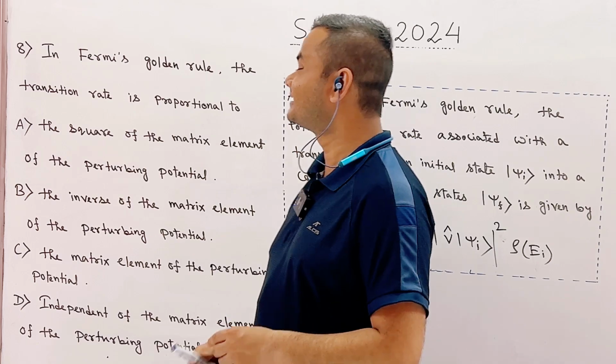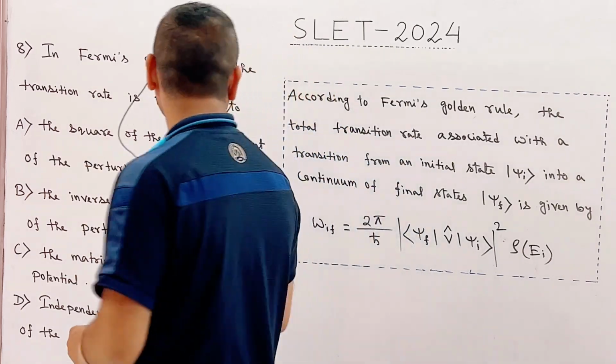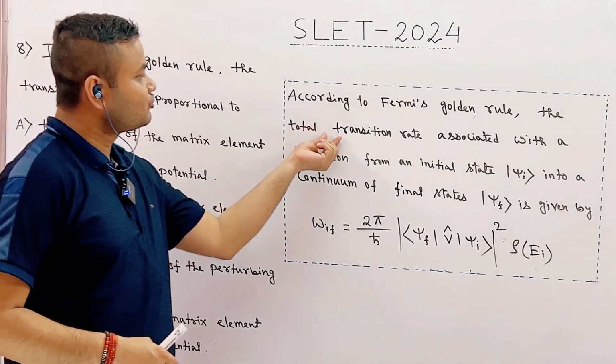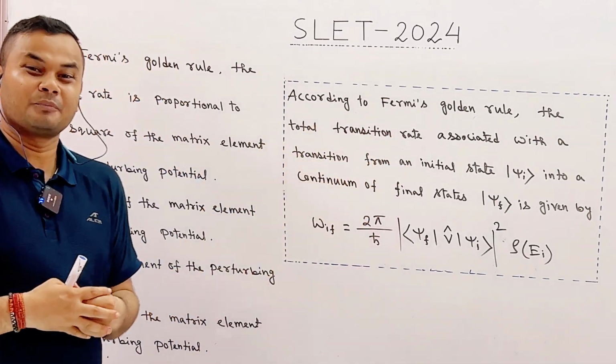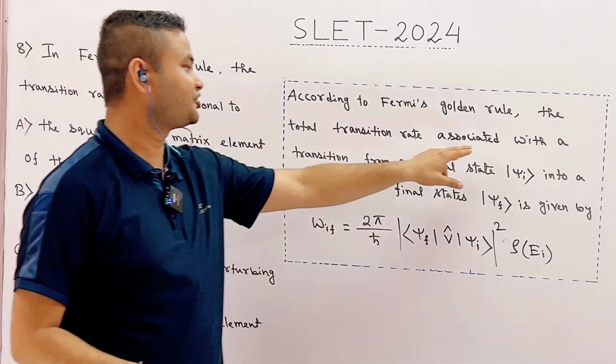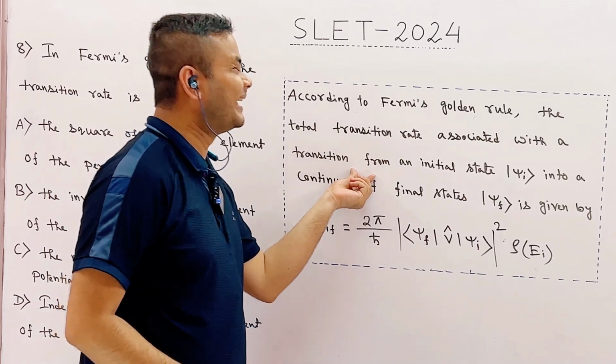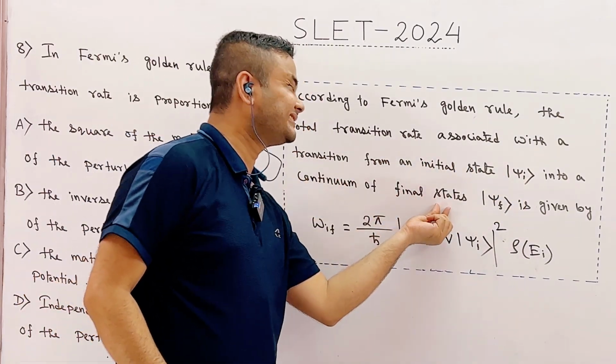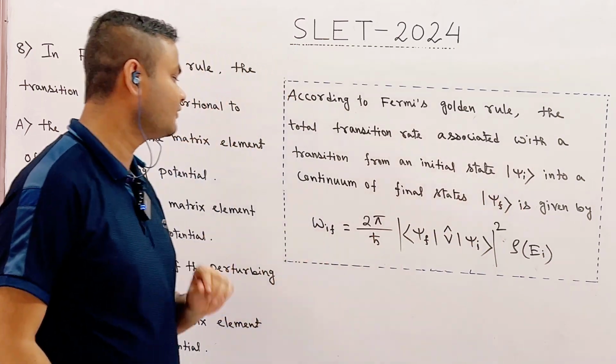Here the correct answer is option A, because we know that according to Fermi's golden rule, the transition rate or transition probability per unit time associated with a transition from an initial state psi I into a continuum of final states psi f is given by this formula.